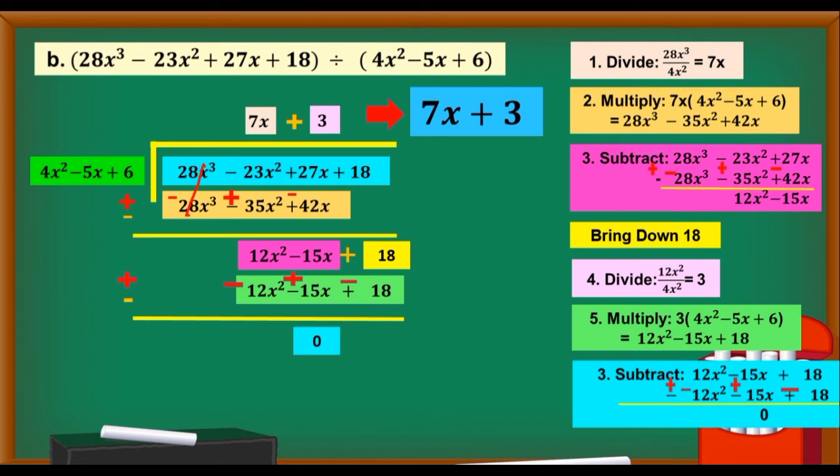So, yan po. Pag dinivide pala natin yung 28x cubed minus 23x squared plus 27x plus 18 divided by 4x squared minus 5x plus 6, that would be equals 7x plus 3. Okay? So, yung 7x plus 3, siya po ang ating quotient.